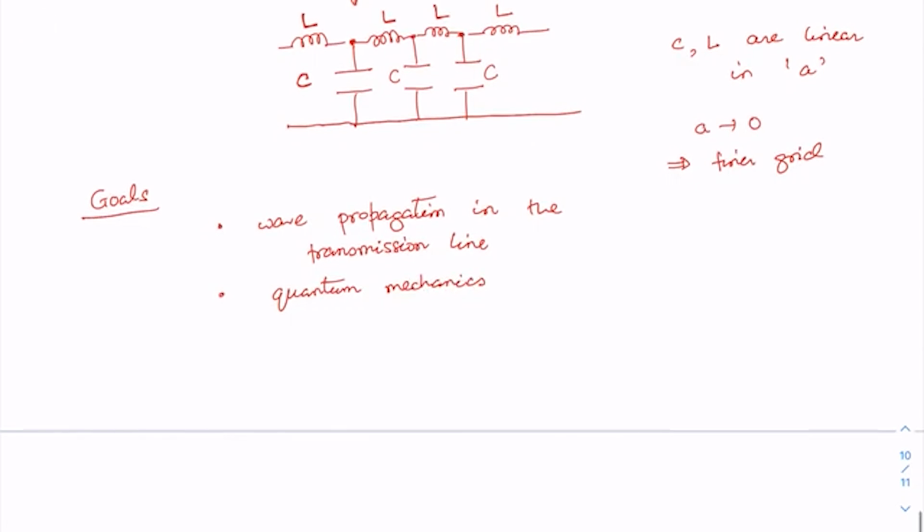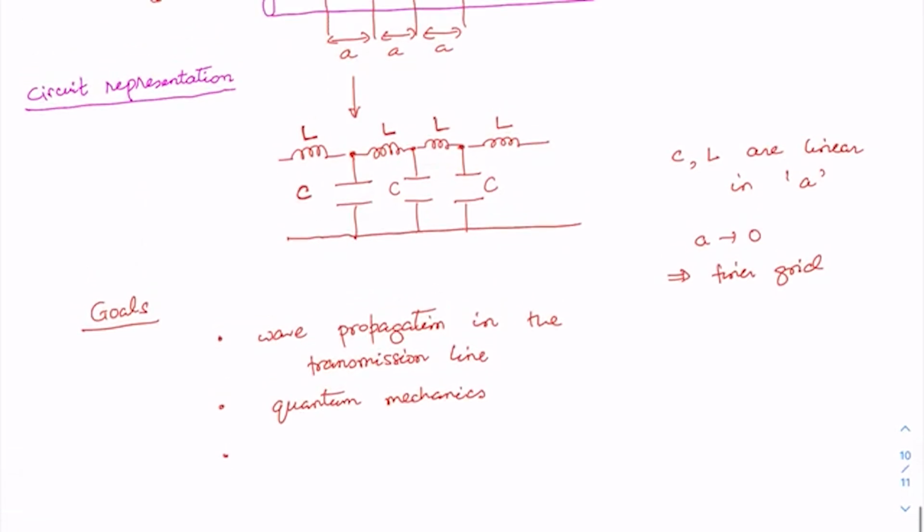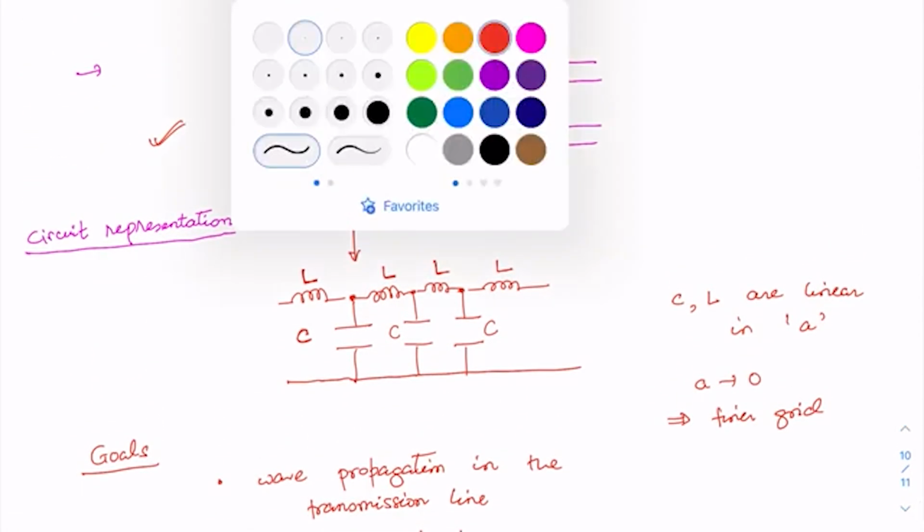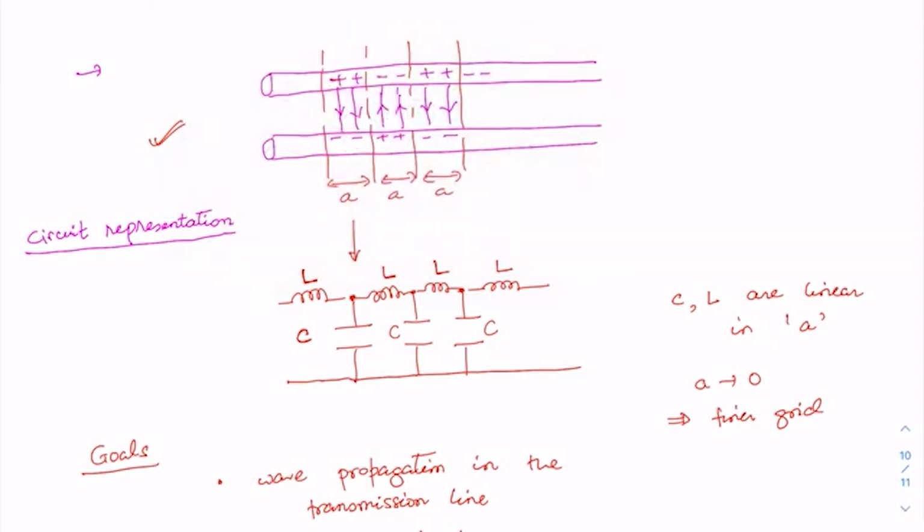And then finally we are going to cut this transmission line at two points, here and here, and because of that we'll have new boundary conditions and the microwave will then reflect back and forth forming standing waves inside the resonator.